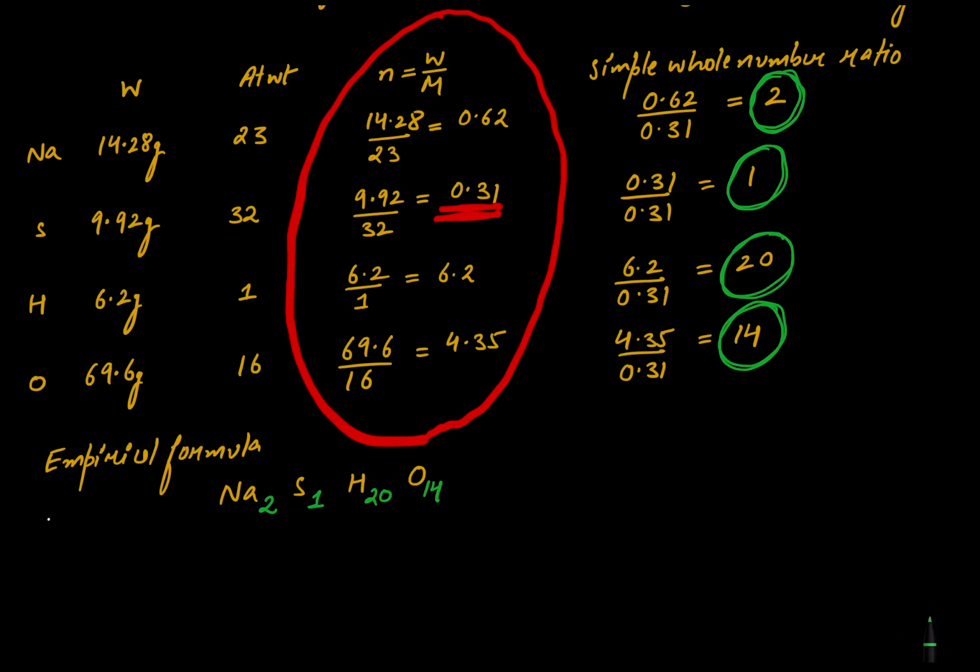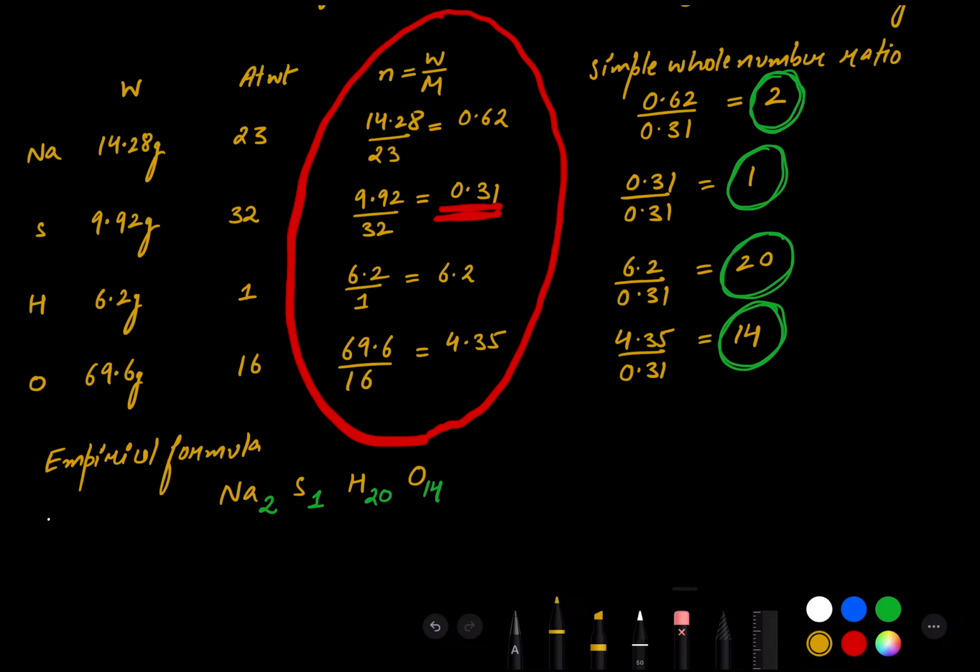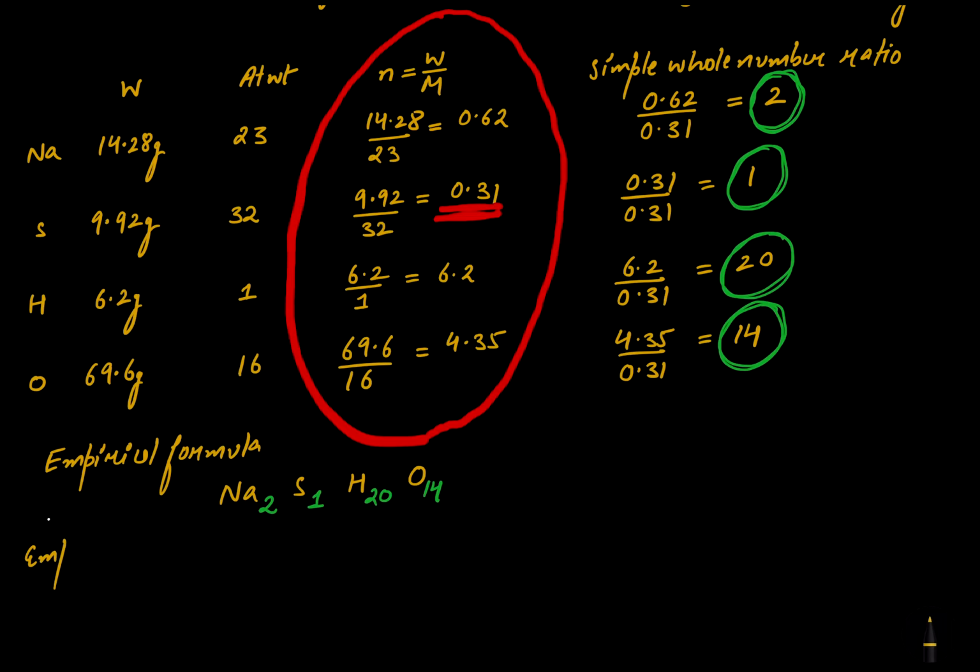Hopefully, my dear students, you got the way how I have calculated the empirical formula. Now let us calculate the empirical formula mass. How do you have to evaluate it? What's the atomic mass of sodium? It's 23. How many sodium are there? 2.